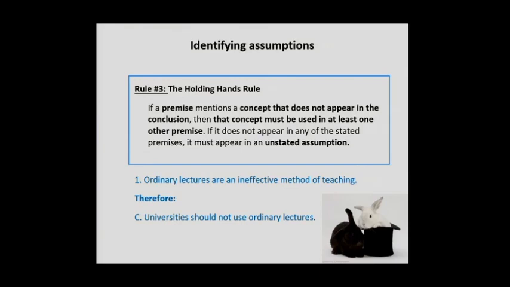And then rule number 3 is the wonderful feel-good hippie type rule, right? Holding hands: your premises have to be linked in some sense to each other. It's not enough that they aren't lonely, aren't on their own, but they also have to be connected.